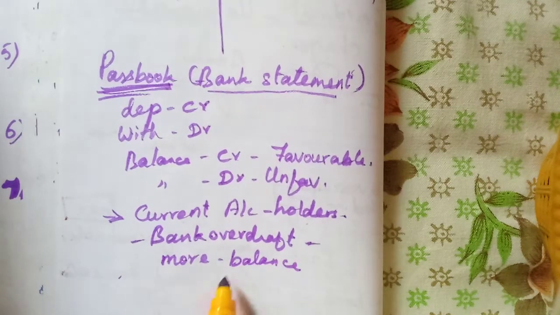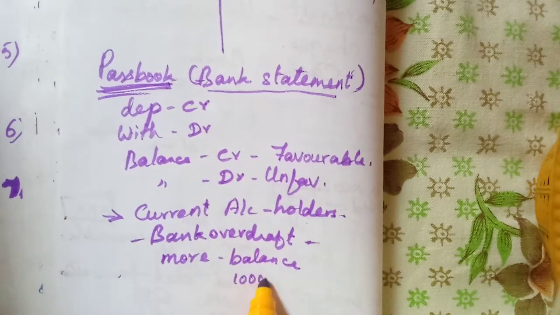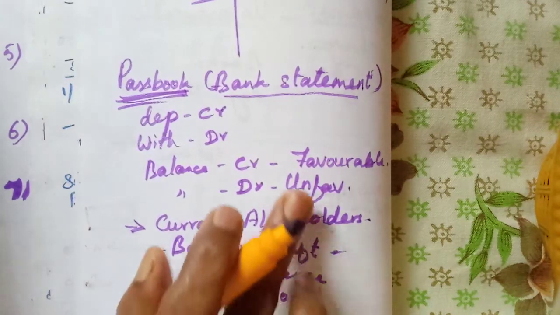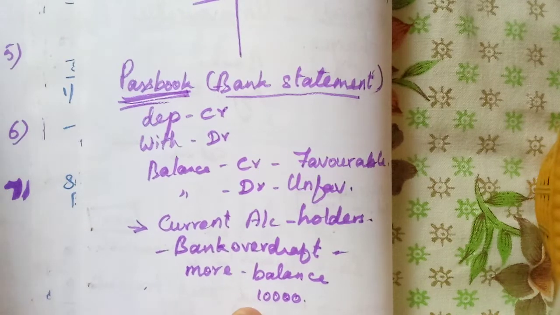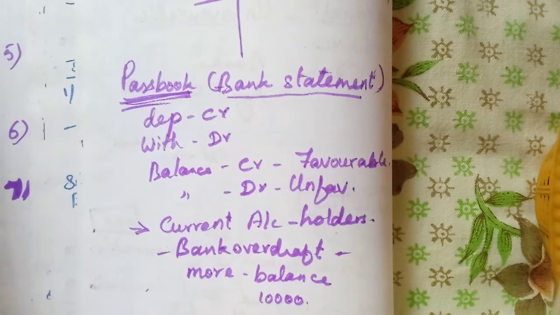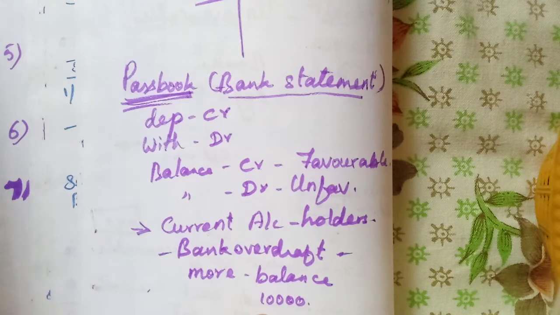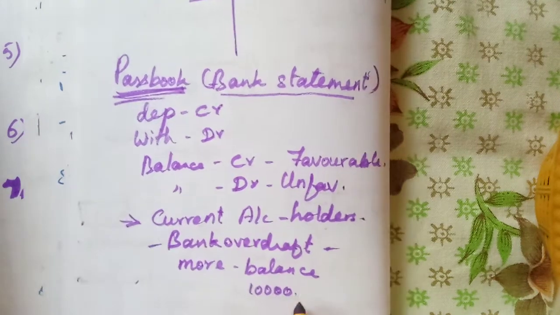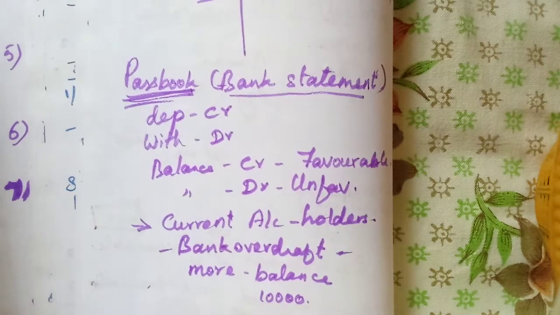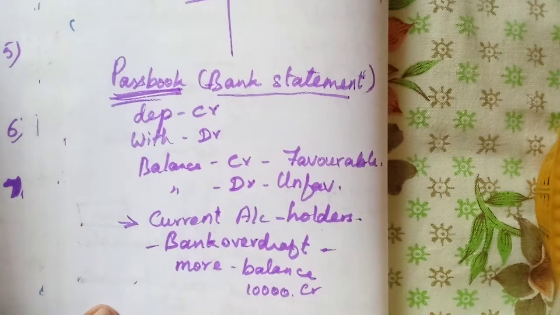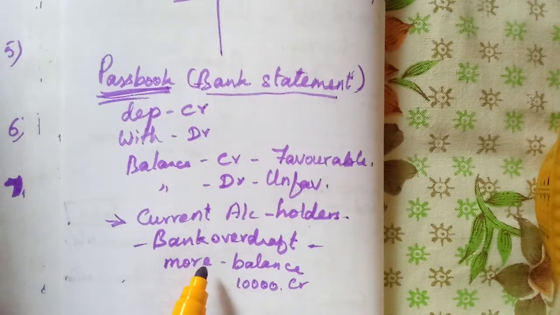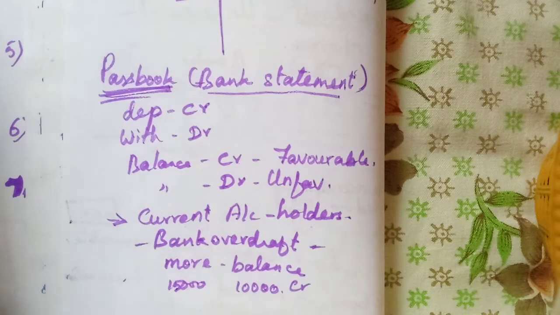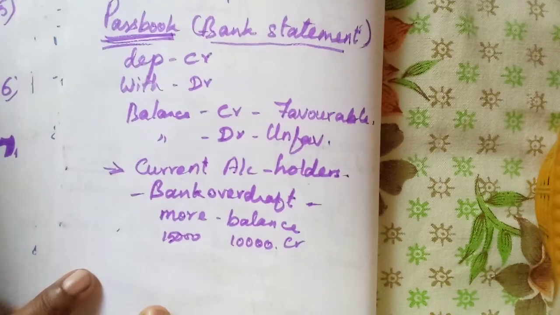For example, if we have 10,000 rupees as a credit balance, a favorable balance, in our account, just imagine you are a businessman or businesswoman and you have started a current account with the bank. You have only 10,000 rupees as the credit balance, but for the business you need 15,000 rupees today.